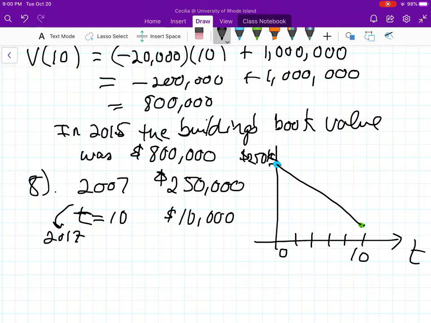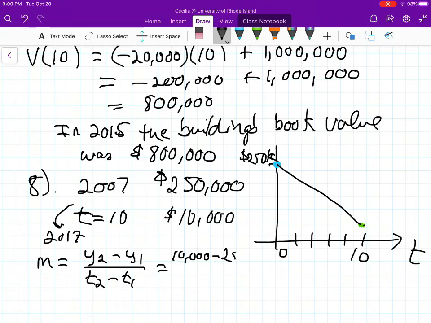So let's get the slope of this line. So we know that the slope is rise over run, or y2 minus y1, and now instead of x, we call it t2 minus t1. The important thing is that we keep the order right. So we have 10,000 minus $250,000, and we're going to divide that by t2, which is 10, minus 0, which is the time when the y-intercept, right, is at t0.